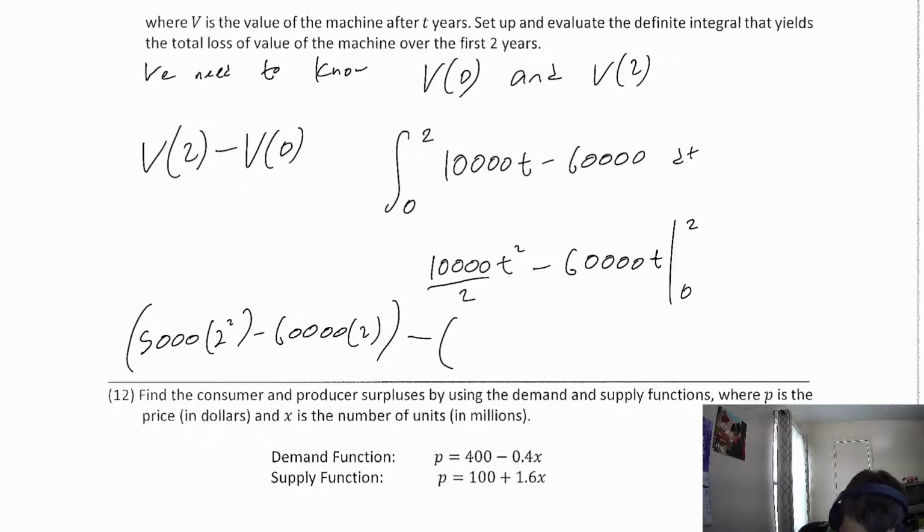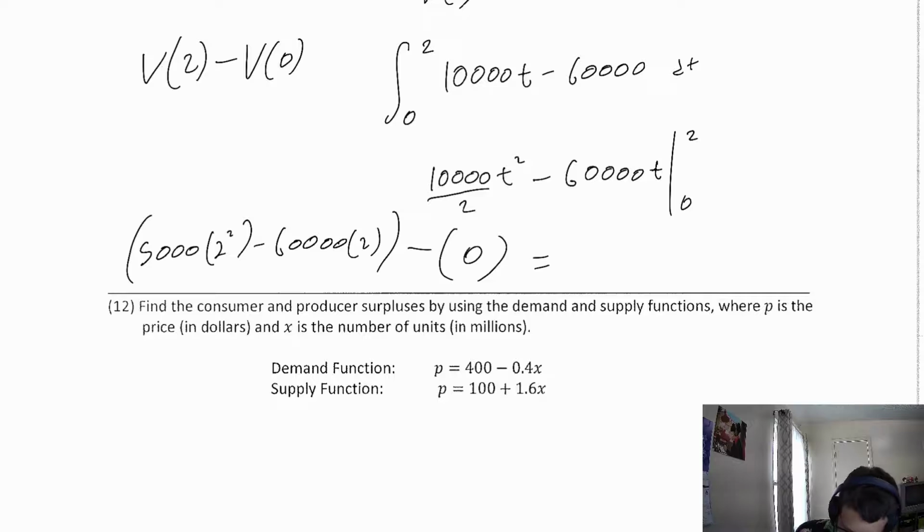And if we plug in zeros here and here, we're going to get a big fat 0, big goose egg. So this is 20,000 minus 60,000 equals minus 40,000.